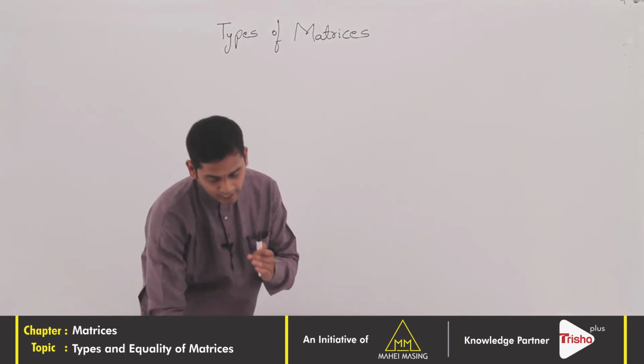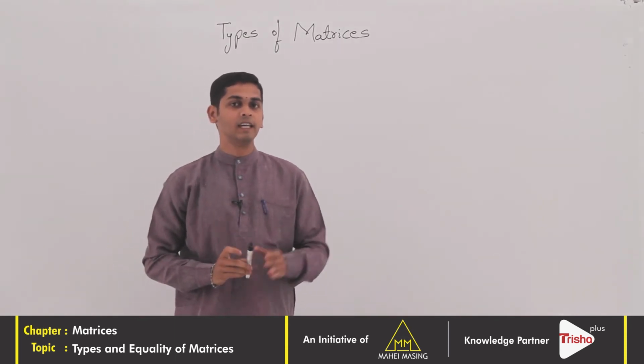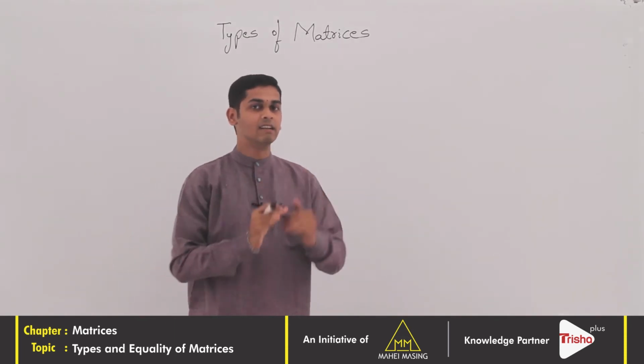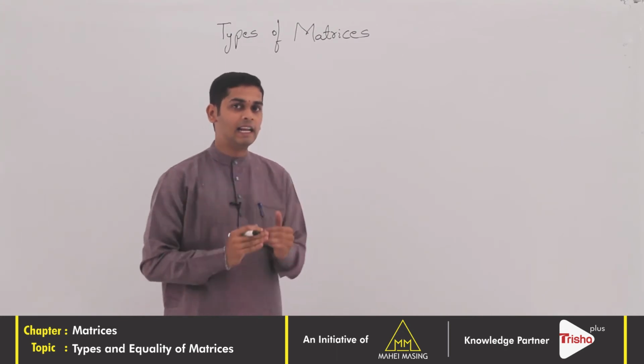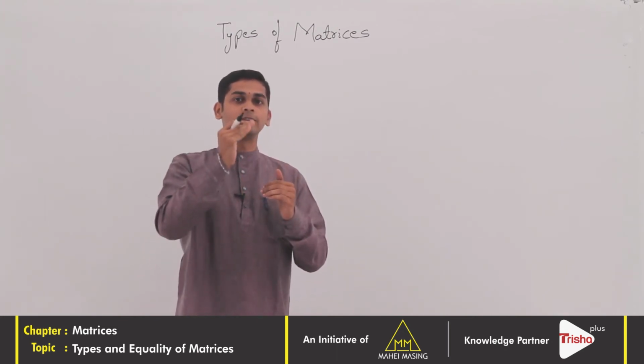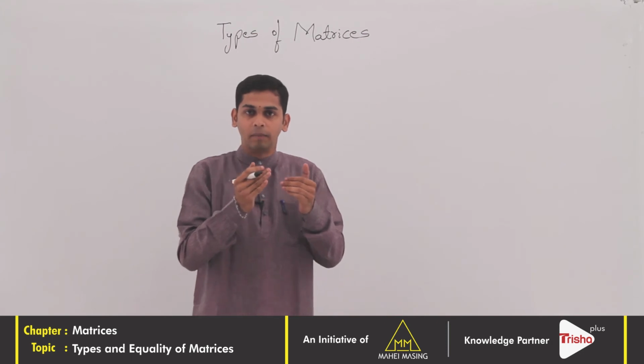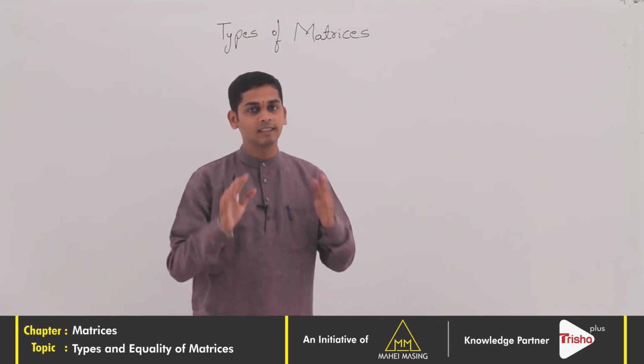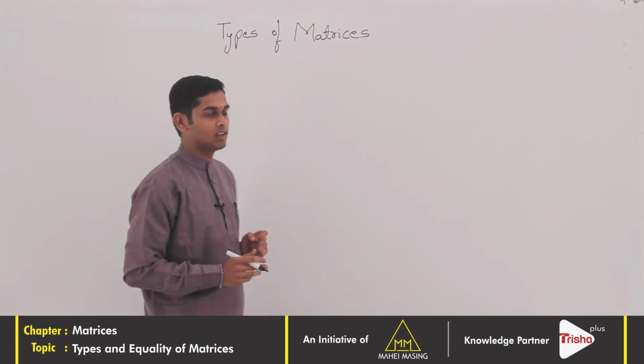A triangular matrix is a matrix in which all the elements above the principal diagonal or below the principal diagonal are 0.